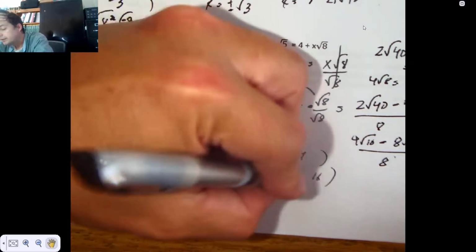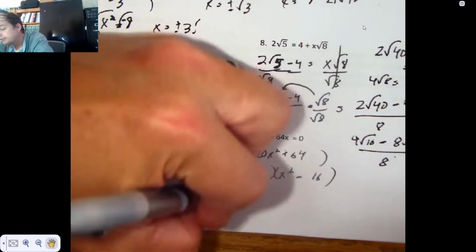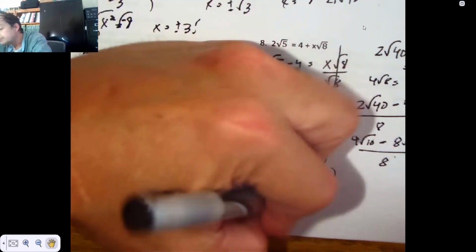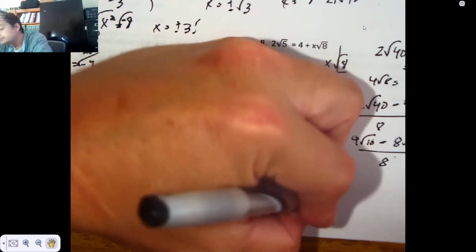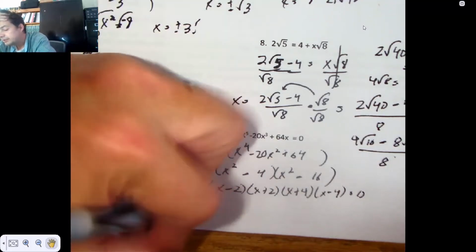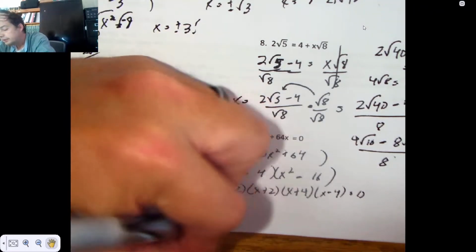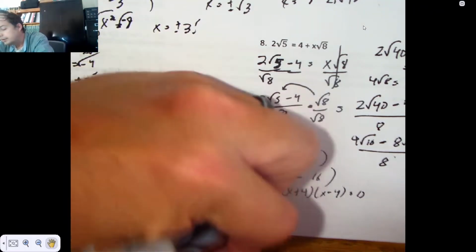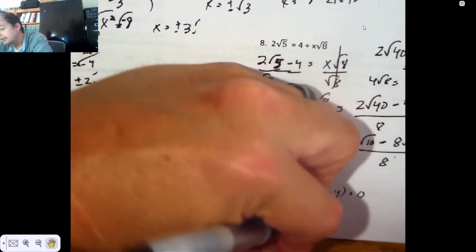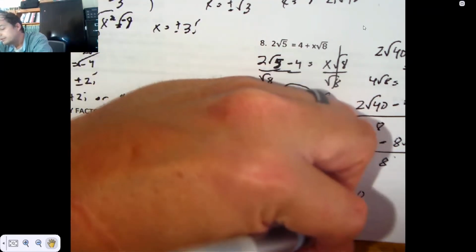Both negative because we have to add a negative 20. That factors minus 2 plus 2. Also, this one factors plus 4 minus 4. Whole quantity equal to 0. So this guy says x is 0, x is 2, x is negative 2, x is negative 4, x is 4.